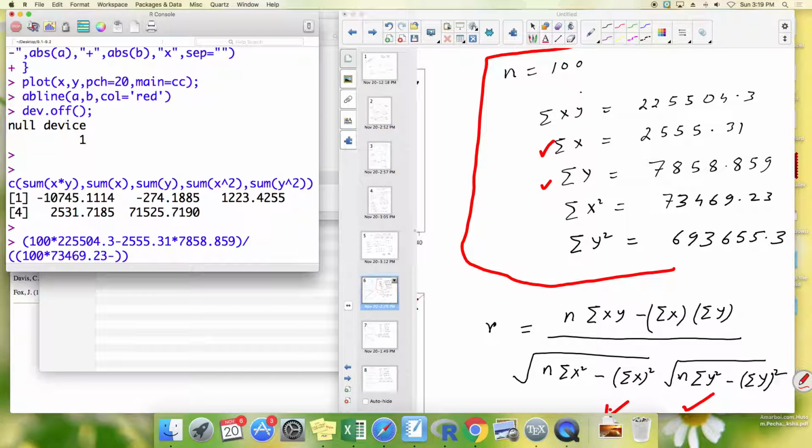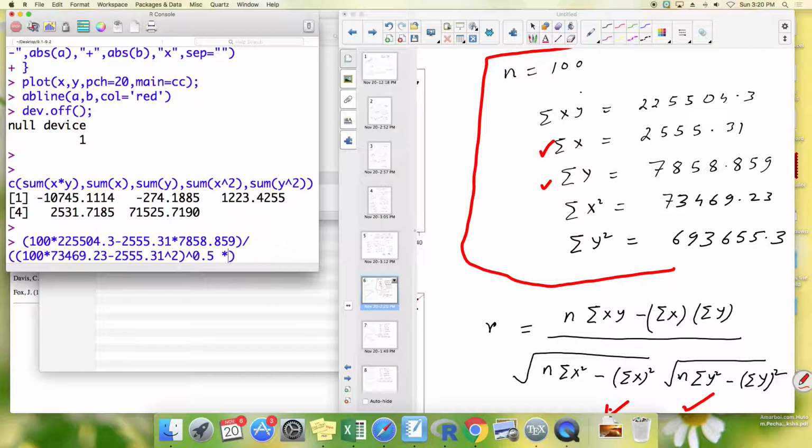That means summation x is 2555.31, and take the square of that. So that's the first term, but we are not done. We have to take the square root of the whole thing.